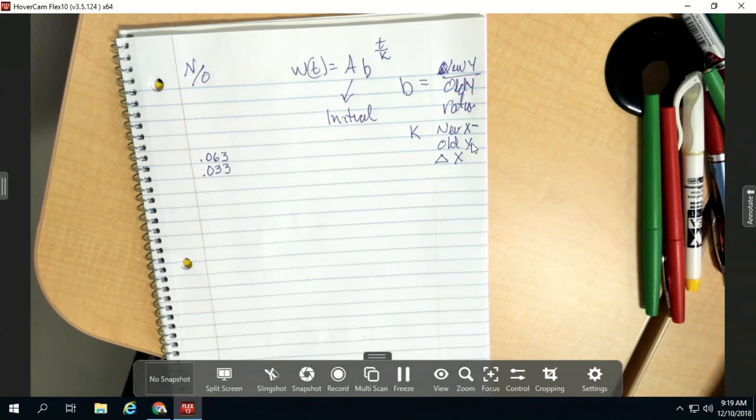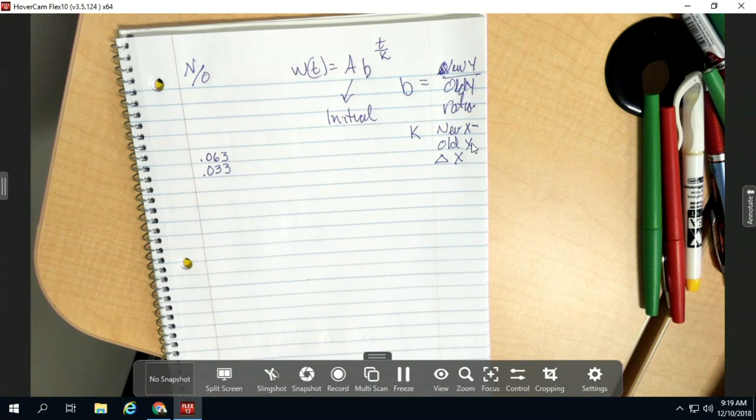Does anybody have a good handle on, I'm pretty sure I know what K is in this case? What'd you get, Marlena? 0.53. That's A, or that's B. That's the new ratio divided by the old ratio. What's the K?